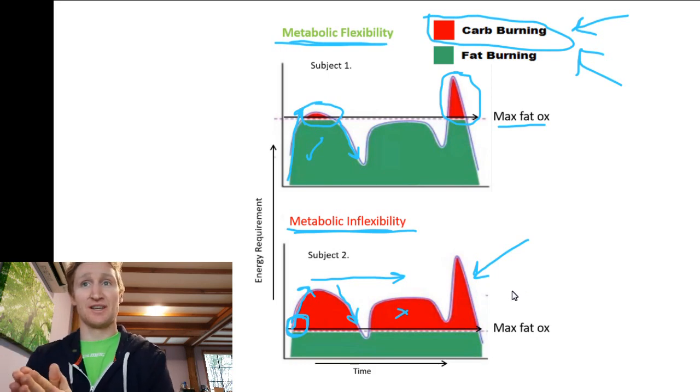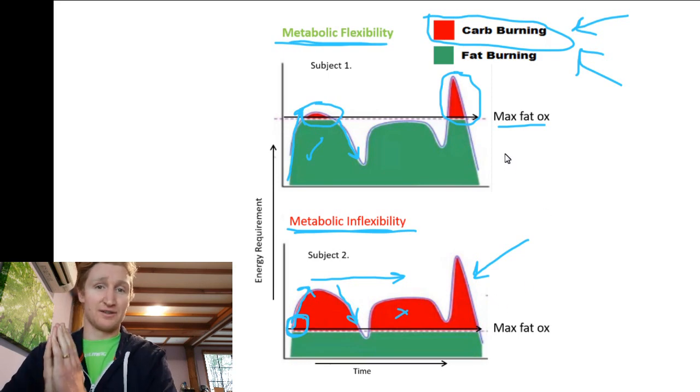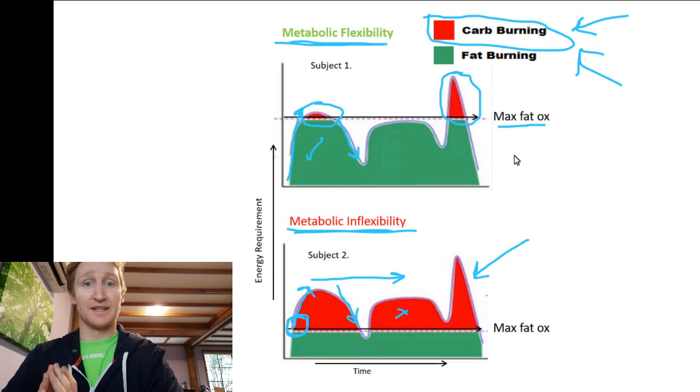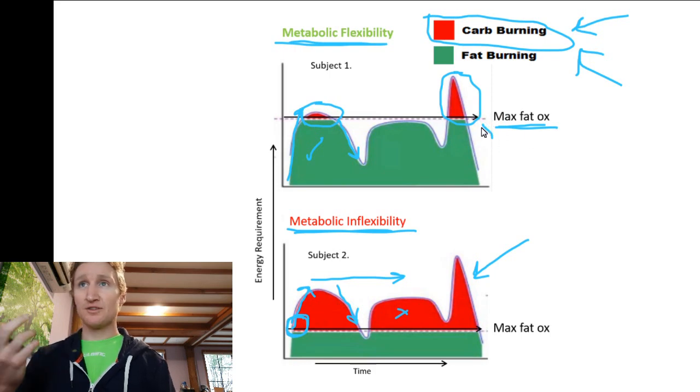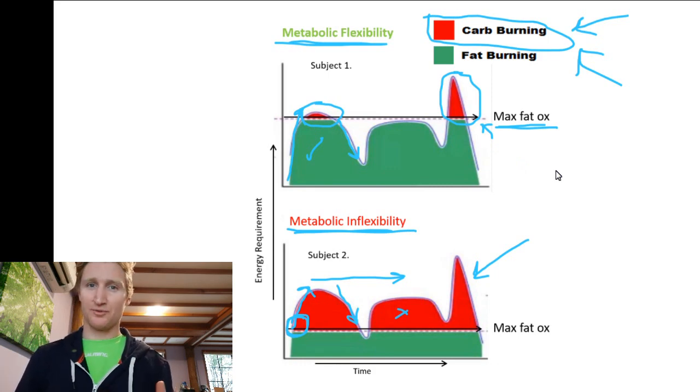Now potentially you've run out, and that then puts the top graph, the individual with metabolic flexibility, in the best position to capitalize on their higher fat burning rates.